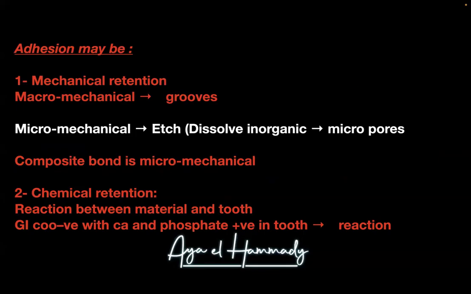The micromechanical one is done by the etch, which leads to micropores. The composite bond material is a micromechanical one. The chemical reaction is the reaction between the tooth and the material I'm applying on the tooth.